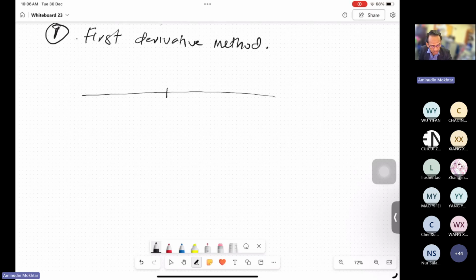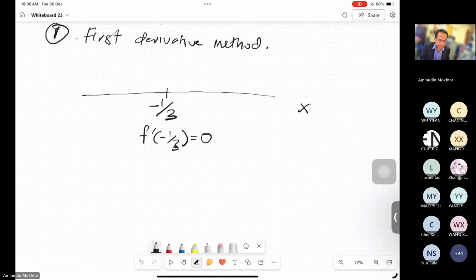The critical point, the value of x, is -1/3. At that point, the first derivative, the slope of the function, equals 0.